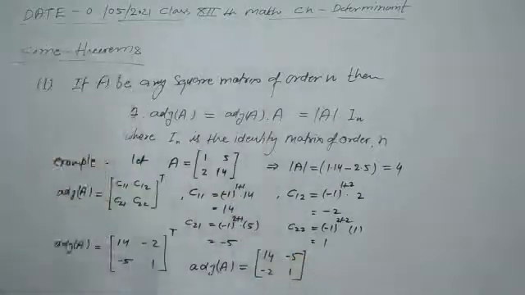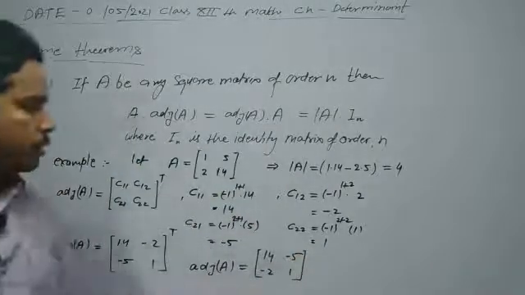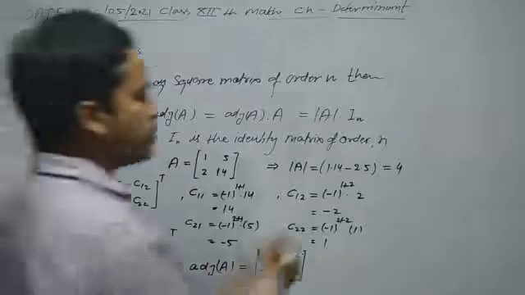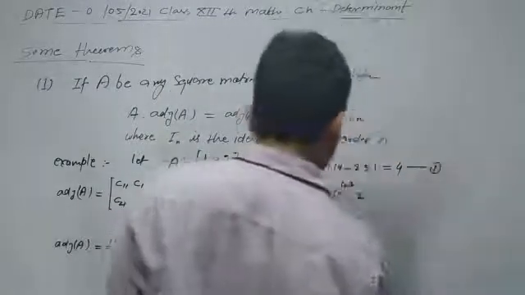So this is the adjoint of A. Consider the determinant result as equation 1 and this adjoint as equation 2.